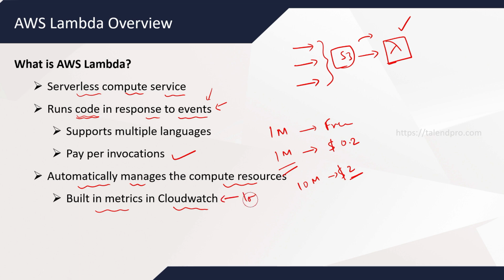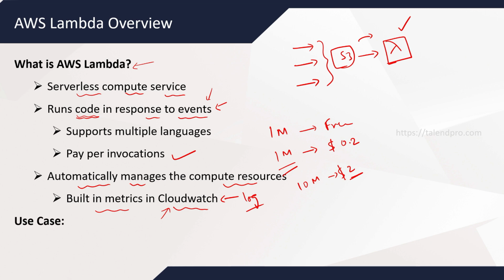CloudWatch is a log-based service which aggregates the logs coming out of most of the services in the AWS environment. Whenever you execute Lambda, it will capture all the logs in CloudWatch, and when we start our hands-on, I'll show you the sample logs as well.